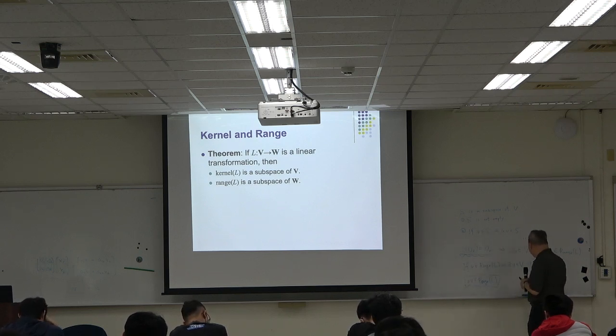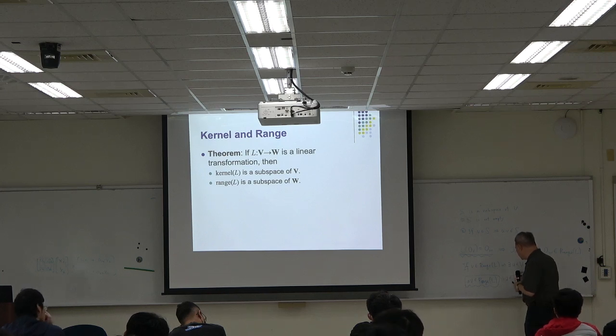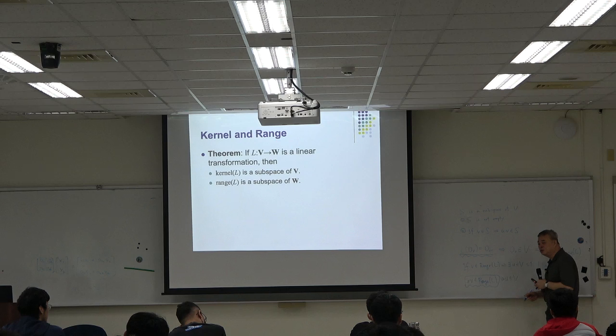But we know that if LU equals V, then AU, obviously AU is in V as well, right? According to, because V is a vector space.